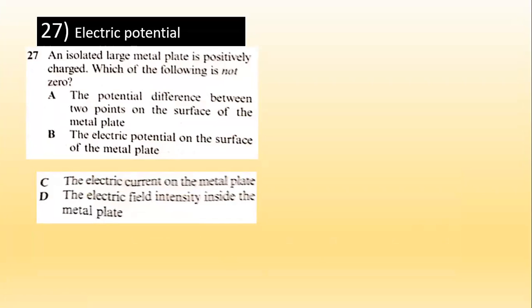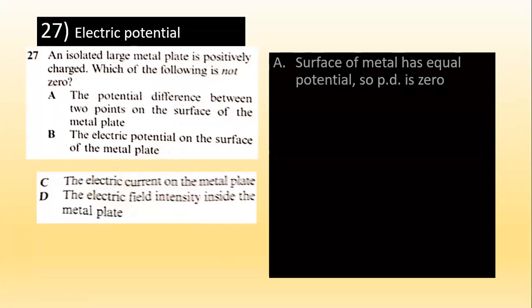An isolated large metal plate is positively charged. Which of the following is not zero? A. The potential difference between points on the surface of the metal. Remember, the surface of the metal is all at the same potential, so there is no potential difference.